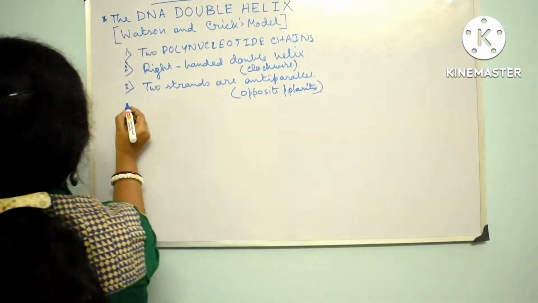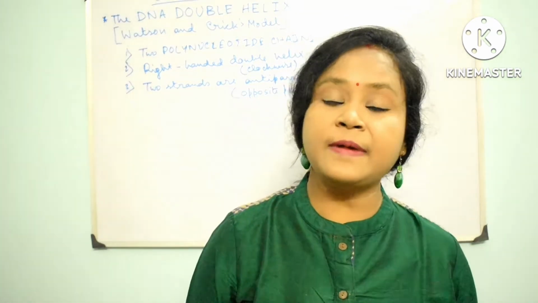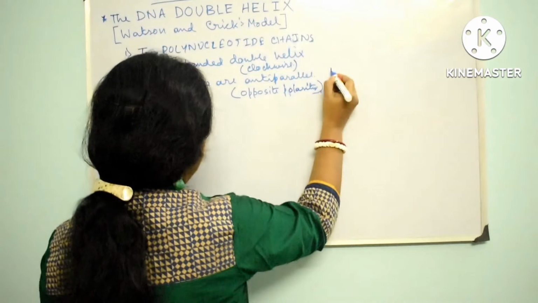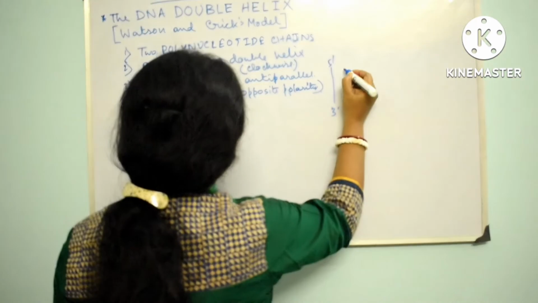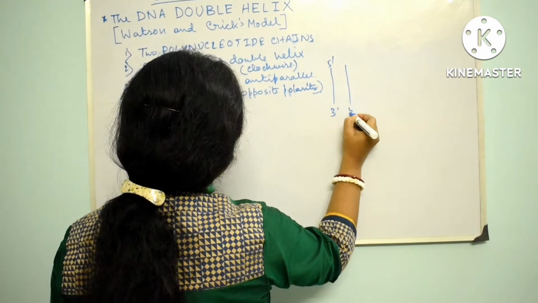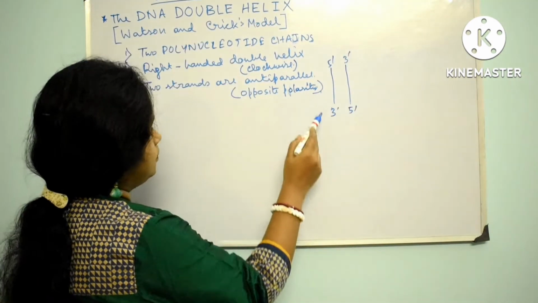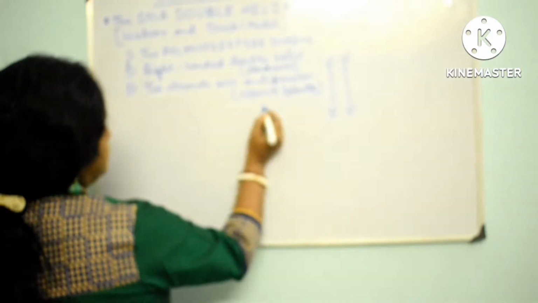Opposite polarity means one strand will run from 5' to 3' and the other from 3' to 5'. This is known as opposite polarity.